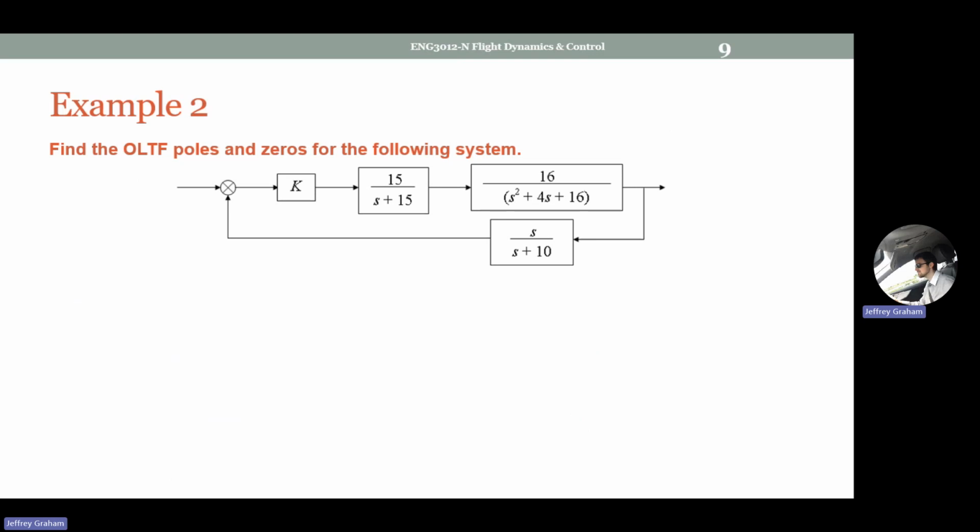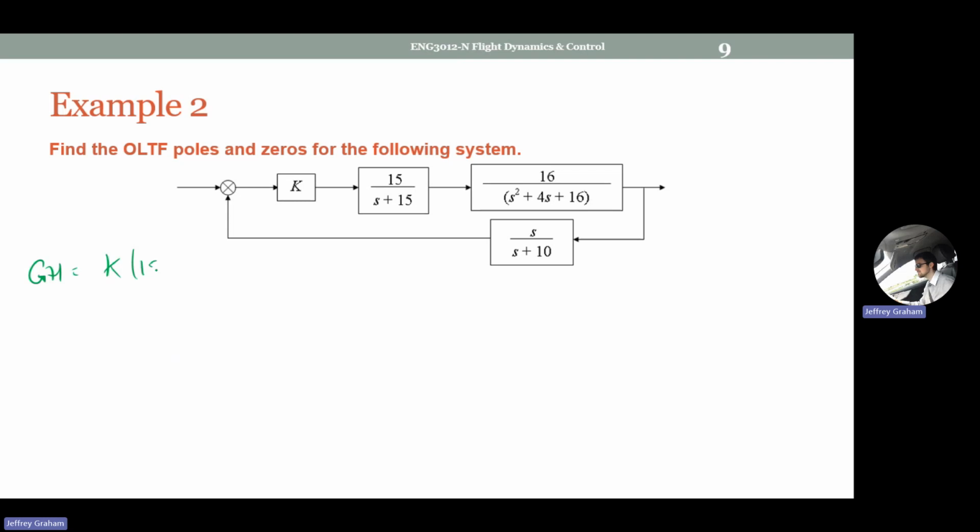Right, next example. Again, just pause for a couple of seconds to give you a go. Right, same principle. Open loop transfer function. Numerators, okay, always on top.